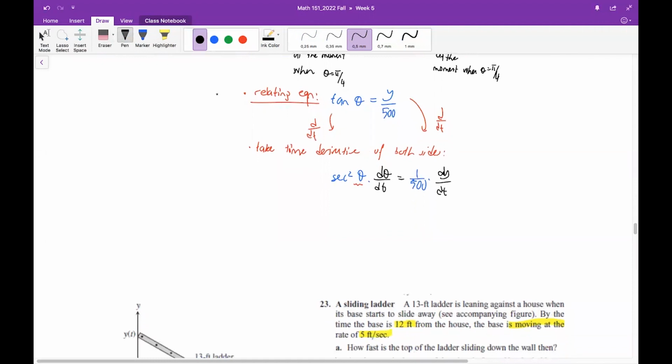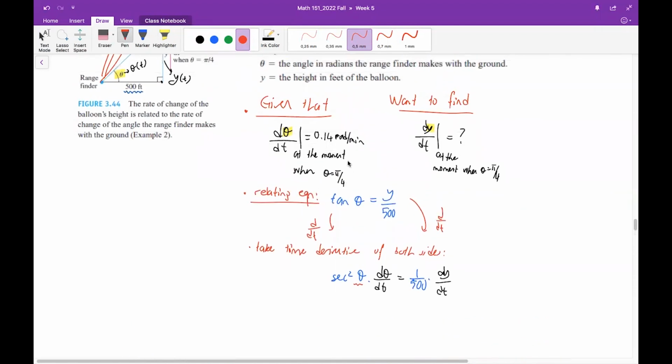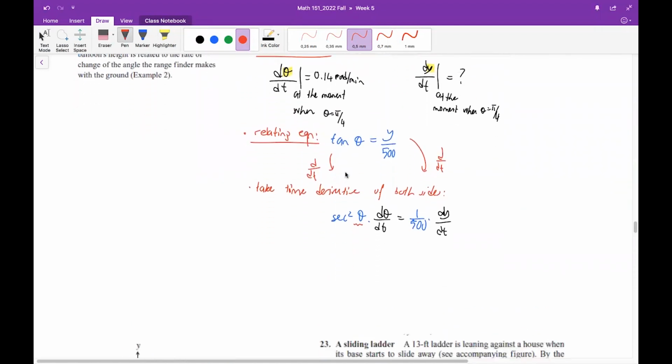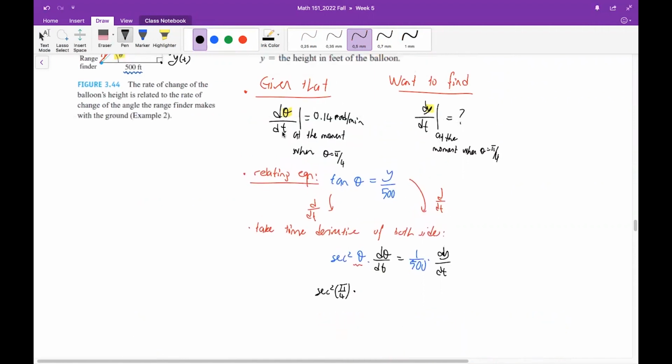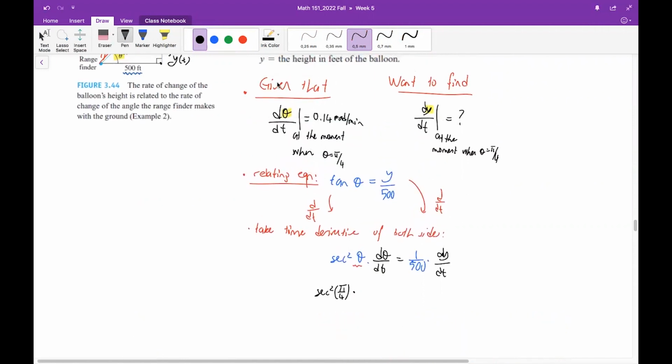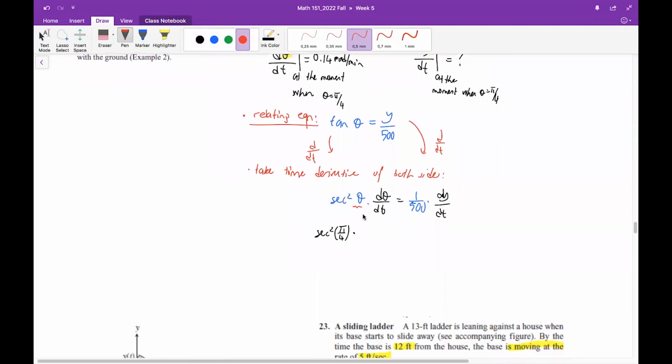Okay, now we are ready to insert the given moment. We are interested in this particular moment when theta is pi over 4. So what we have, secant squared of pi over 4 times d theta over dt at this particular moment, which is given as 0.14. Okay, 1 over 500 is there, and this is what we want to find, which is the only unknown in this last line now.